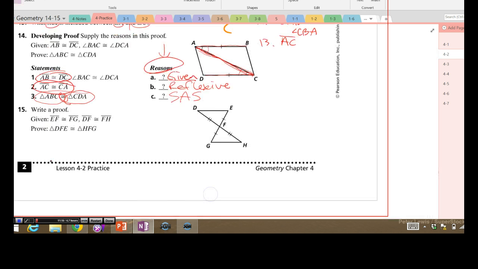So, number 15, write a proof. We have a diagram that shows EF is congruent to FG. We also see from the diagram, the givens, that DF is congruent to FH. So, let me make one statement here, and I'm going to copy all this stuff.